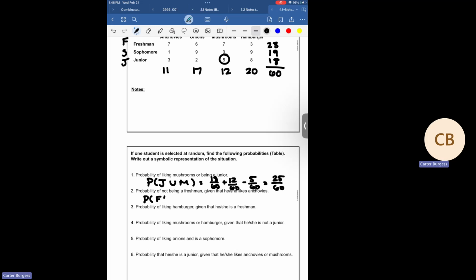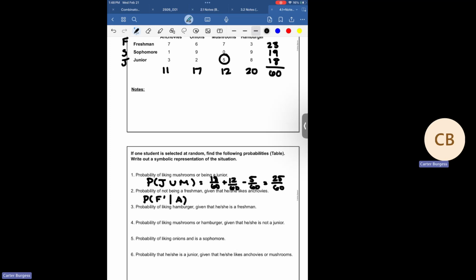How do I indicate that I have a given condition, that we are essentially restricting our sample space here? Yeah, we do the little vertical line. So given the fact that we do like anchovies. Okay.